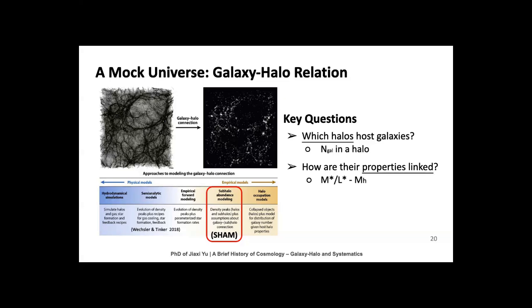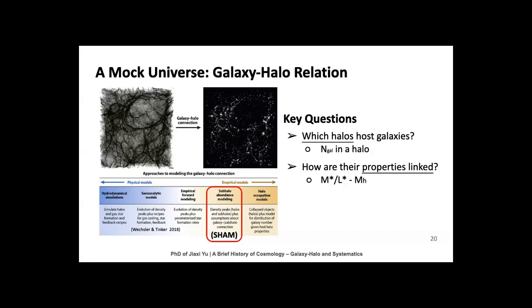So we want to define massive halos here, and then for each dark matter halo, you want to see whether you put a galaxy in this halo. You can also ask how many galaxies are put in one halo, depending on the mass of the halo.